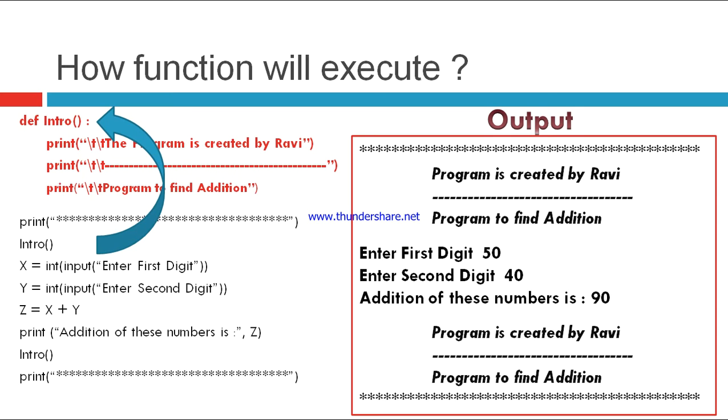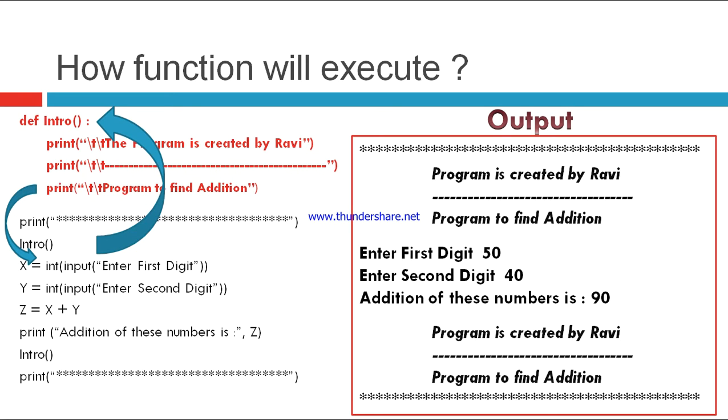Just check the output. The second line, program is created by Ravi. The third line, dash dash dash line. Then the fourth one, program to find addition. Once the function executes all its statements, it will terminate automatically and come towards the next line.